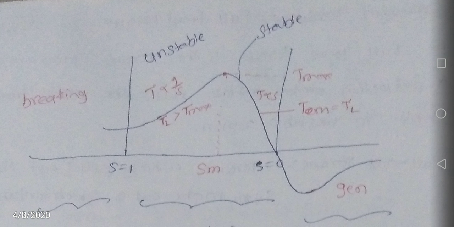So when slip is greater than 1, the machine is in braking mode, and slip between 0 and 1 is motoring mode, and when slip is negative, then it is generating mode.